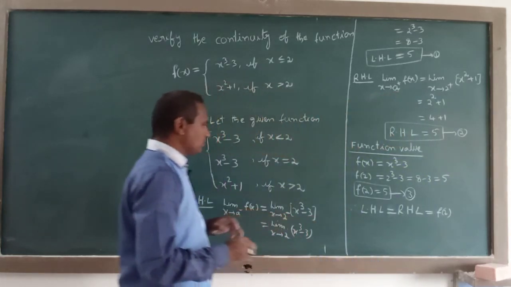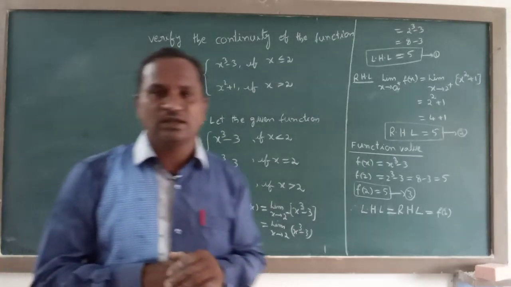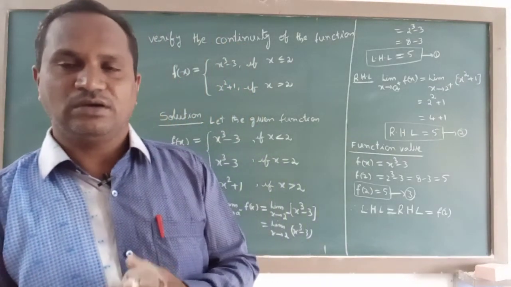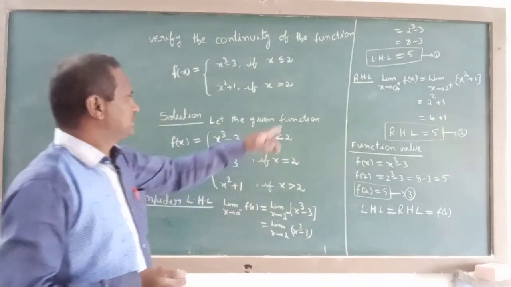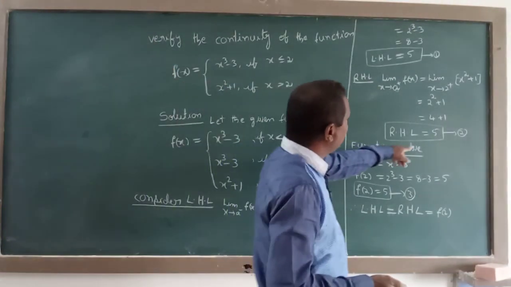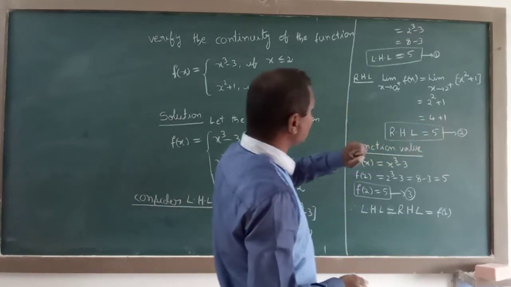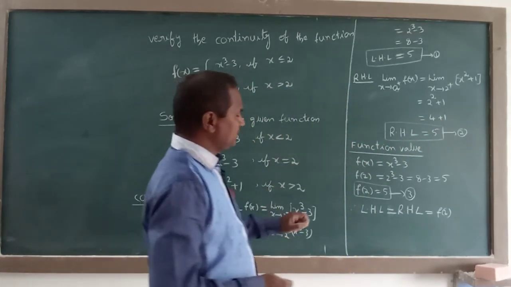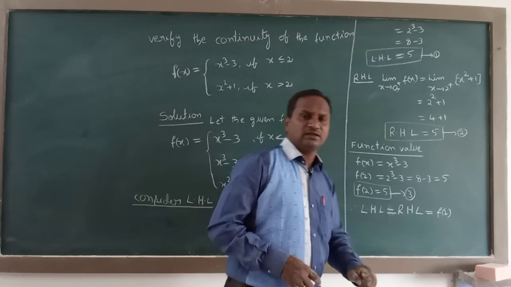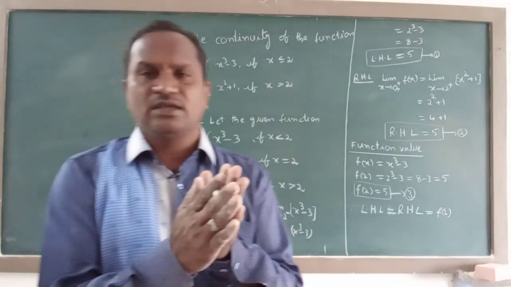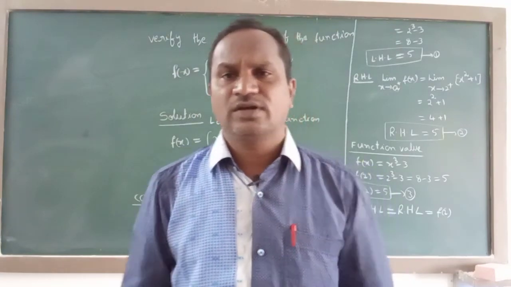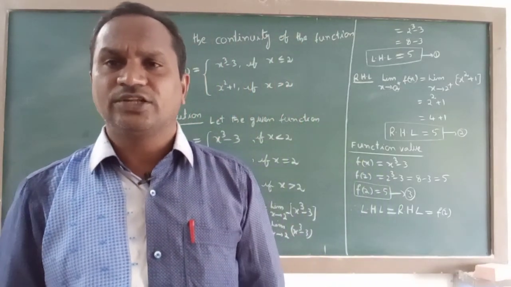That's why all three values are equal. LHL is 5, RHL is 5, and the function value is also 5. All three values coincide, which means we can easily tell the given function f of x is a continuous function.